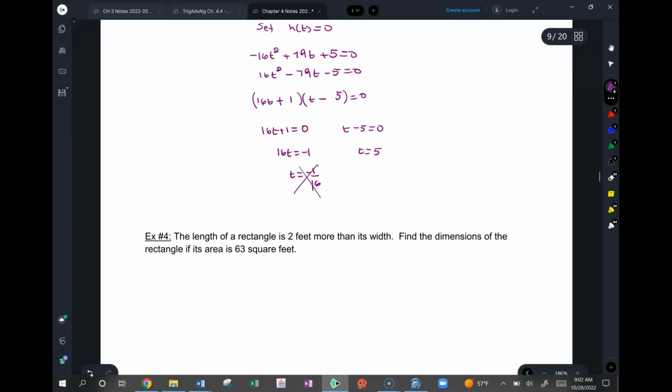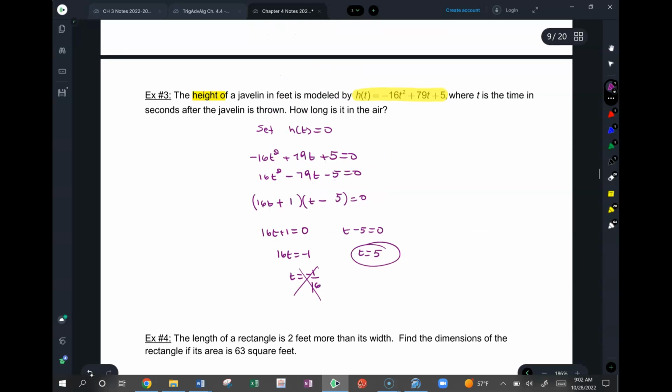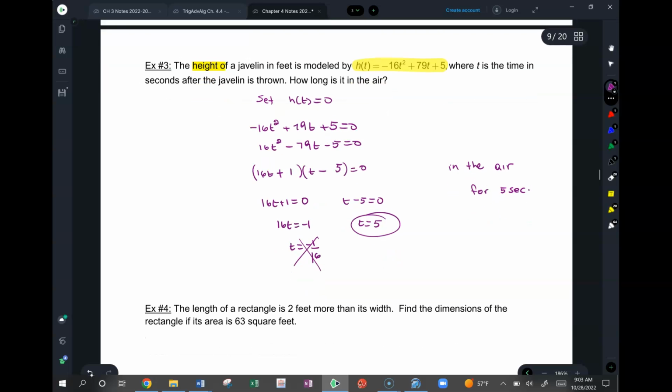No. So, right, time can't be negative. So this is it. t equals 5 is when it was on the ground, right? So it was in the air for 5 seconds. Okay, so this is when it hit the ground.